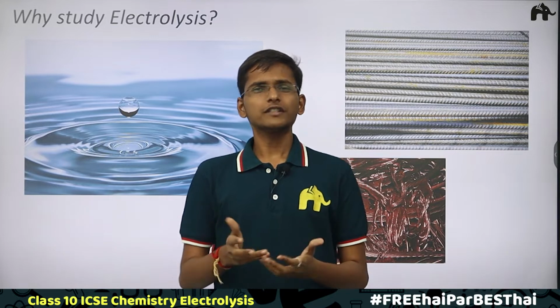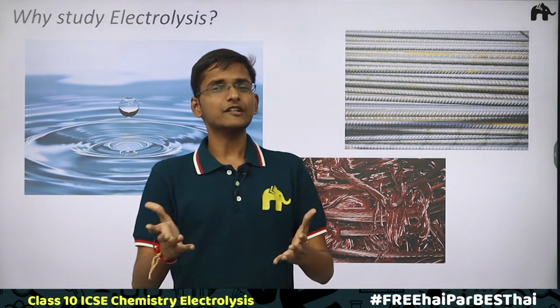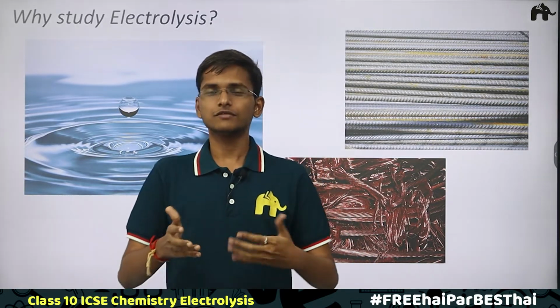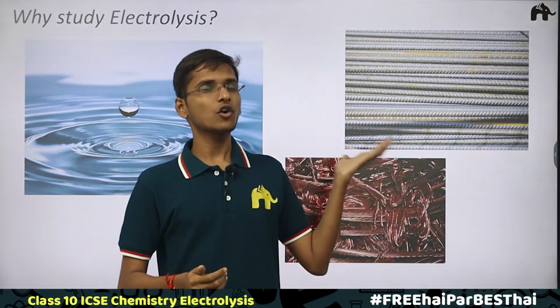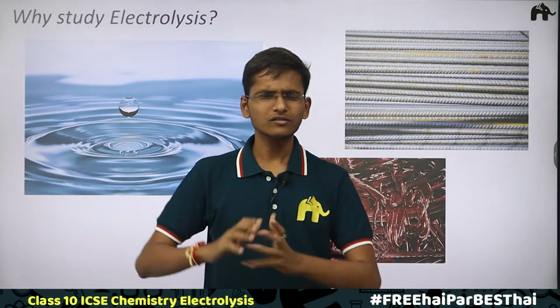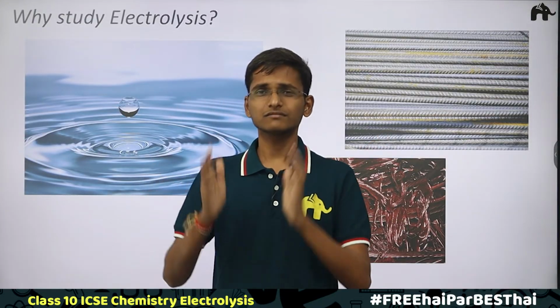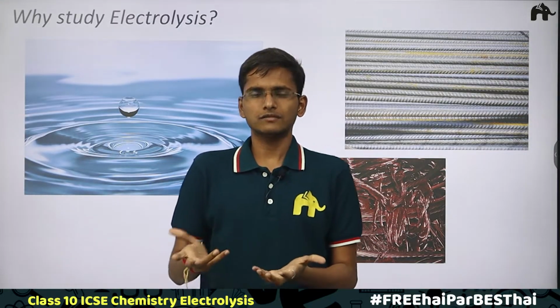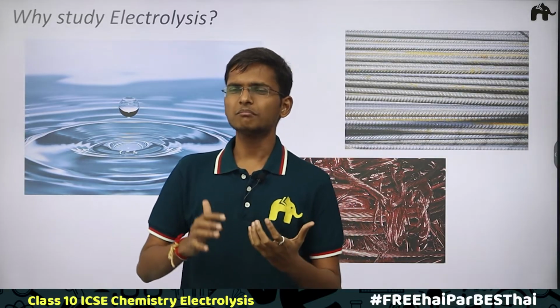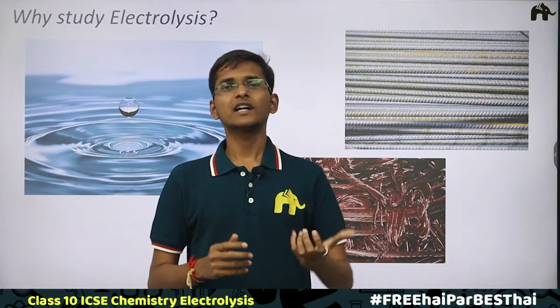Along with it, there are some very basic day-to-day applications which you would have seen with your own eyes when going to school or somewhere else. You have seen iron rods in construction places, or iron articles. Iron is used a lot for construction purposes. The most vulnerable thing about using iron is that it gets corroded.